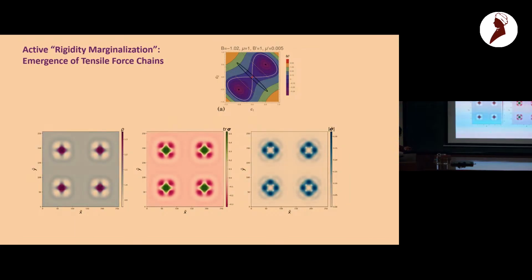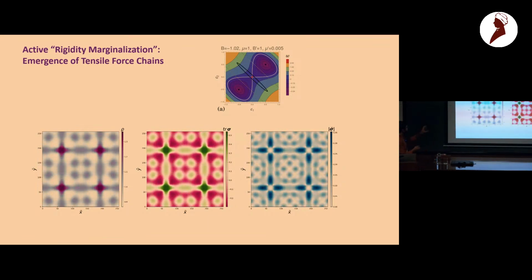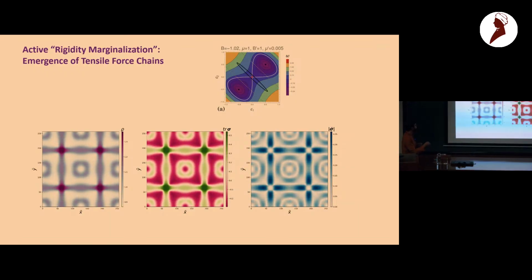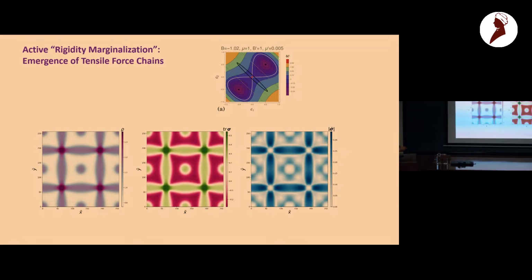I am putting concentrated forces at these four centers. When you have hit the ether line and crossed it, B plus mu is negative here. This is the energy landscape, and you have put some small nonlinearities in the material so that you get a finite minimum.